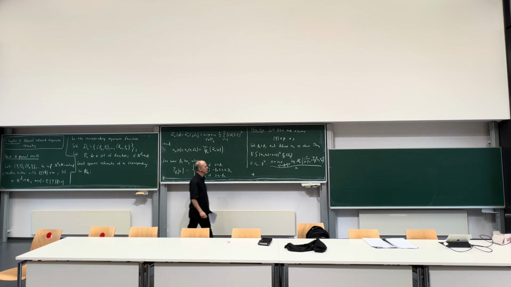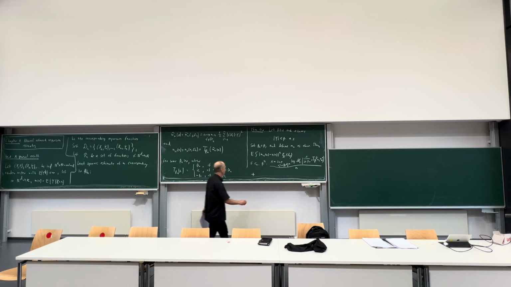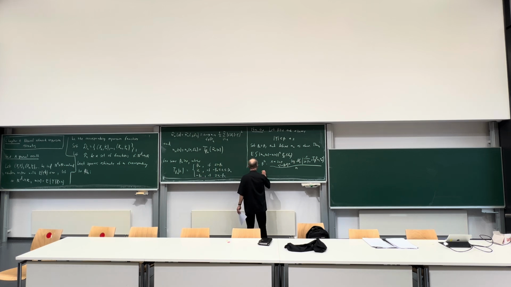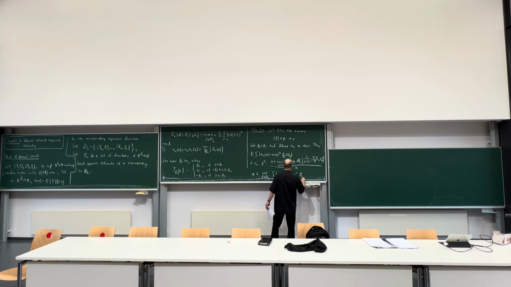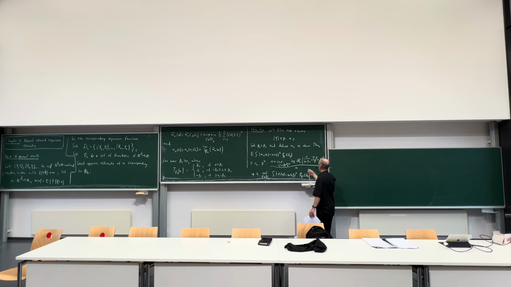Plus another part, and this other part measures how well I can approximate my regression function by the functions of F_n. That's 2 times the infimum over all f in F_n of the integral of |f(x) minus m(x)| squared dx. And I have to tell you what I mean with T_beta F_n.